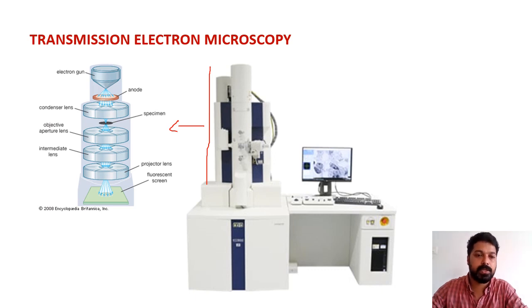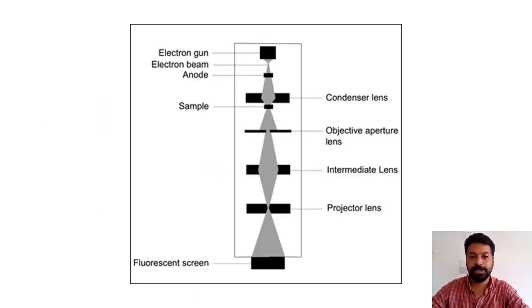In the same way, here also we are using some kind of lenses, like objective lenses, etc., for focusing the electrons. So let us study the instrumentation. This is a very simple instrumentation. As I explained in the case of SEM, again there is an electron gun. When you heat the tungsten, etc., at high temperature, it will release electrons, and these electrons can be confined using an anode.